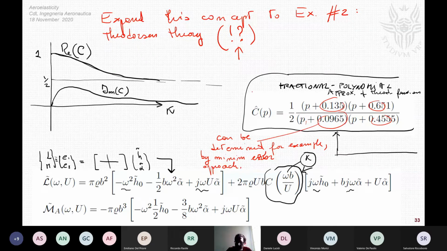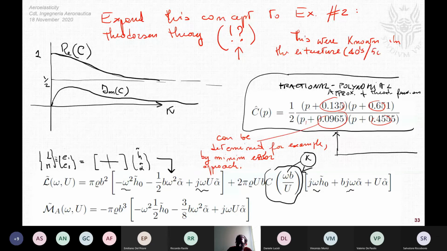This approximation in the literature was known. We're talking about the 1940s, the 1950s, Padé, a French guy, approximation.